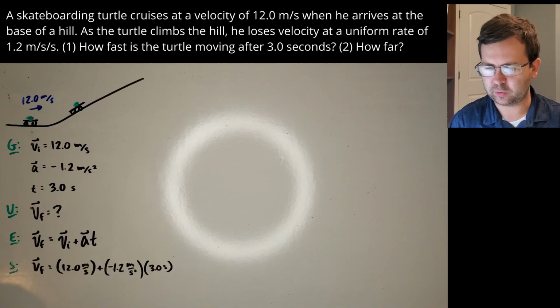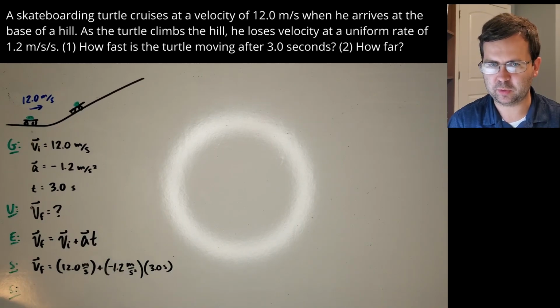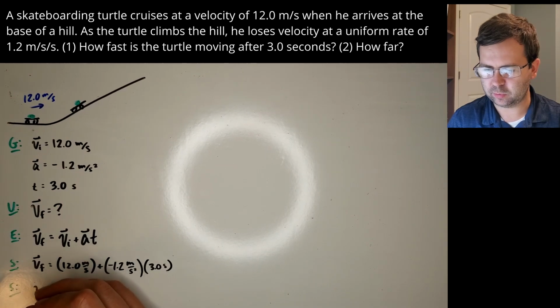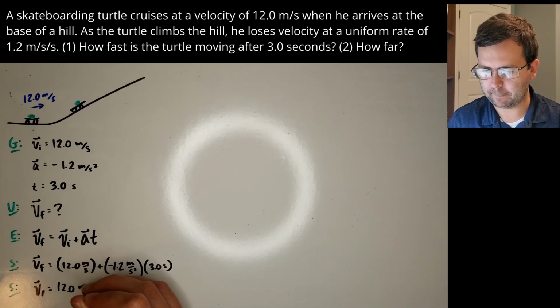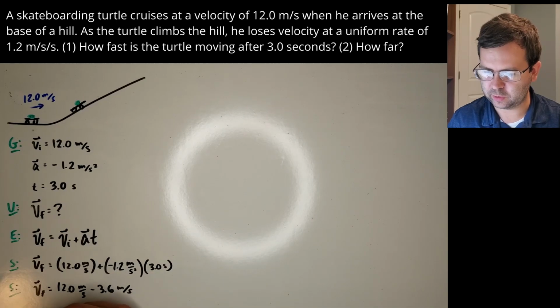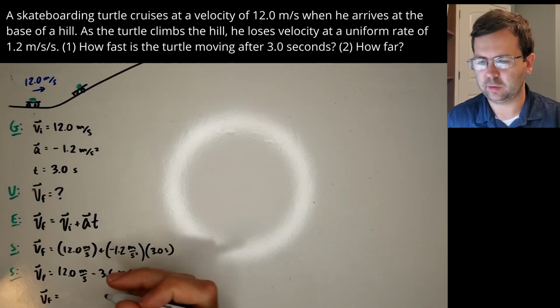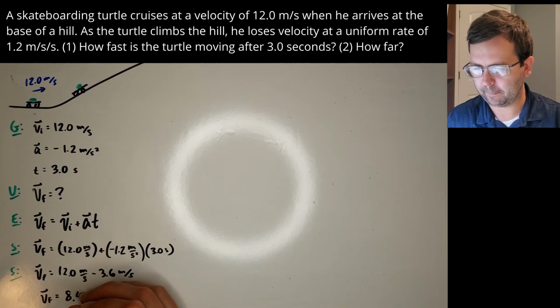For my solve step, completing the GUESS method, we have 12.0 meters per second minus 3.6 meters per second. And so our final velocity of the turtle is going to be 8.4 meters per second.